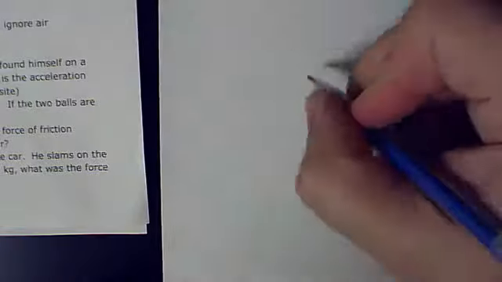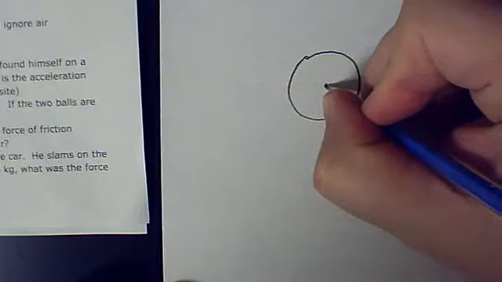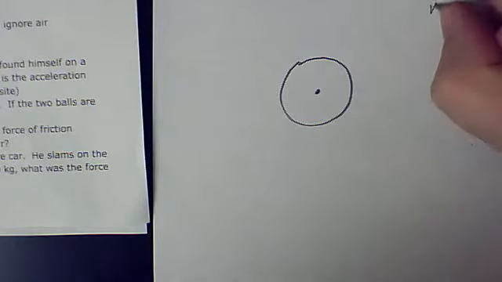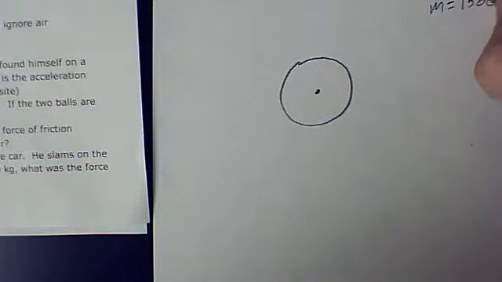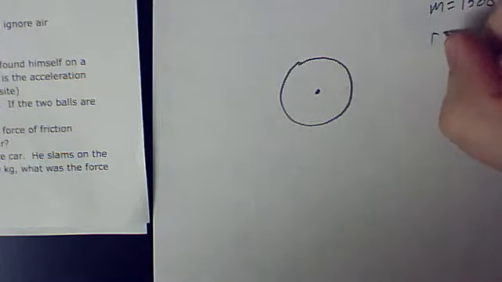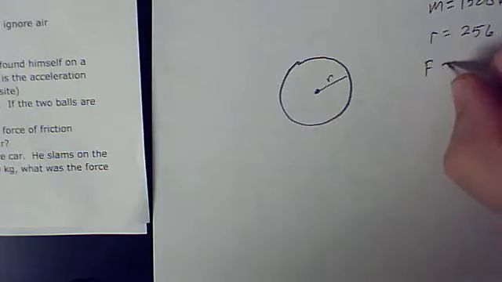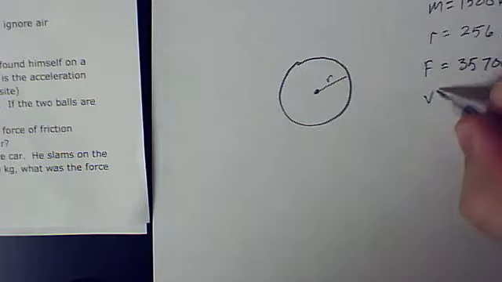Okay, so we have a car traveling in a circle, and it tells us the mass of the car is 1,500 kilograms, and the radius of the circle is 256 meters, so that's my radius. The force of friction, so we know the force is 35,700 newtons, and it wants to know the velocity.